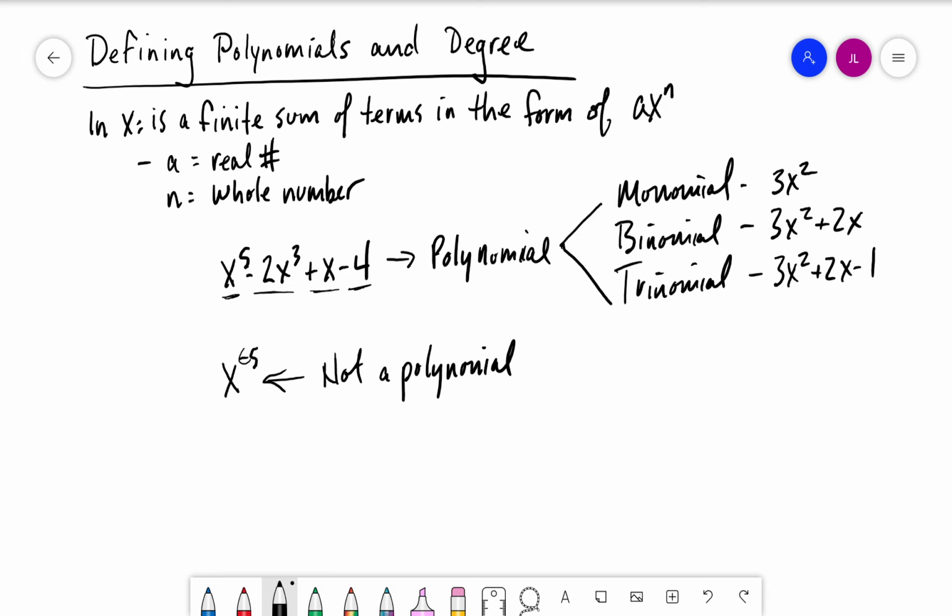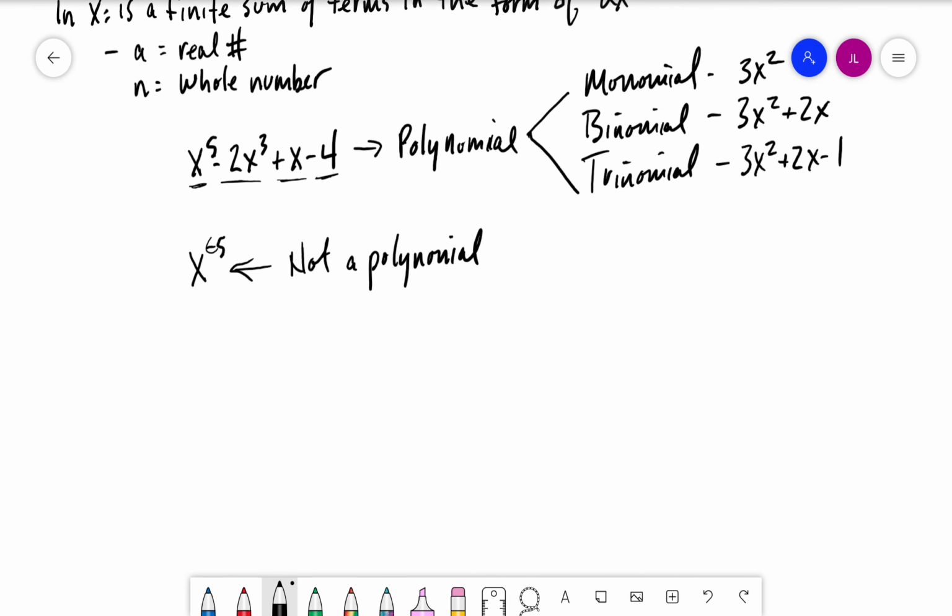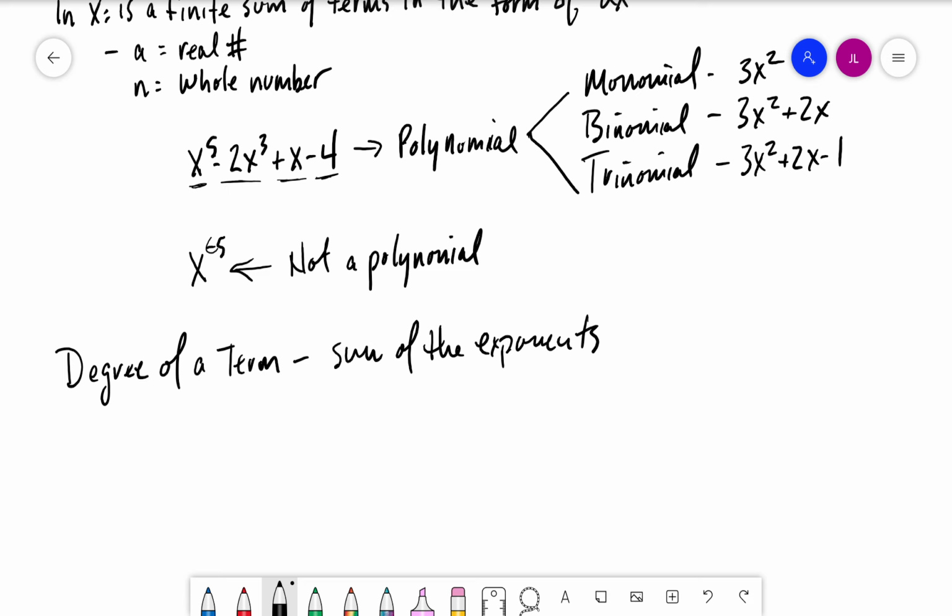Now, I keep talking about the exponents here, and this is important because we need to talk about degrees. If we talk about the degree of a term, and remember, all these are terms, it's the sum of the exponents on the variables in the term.